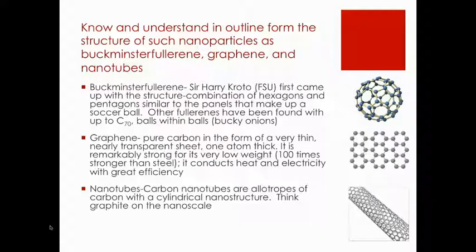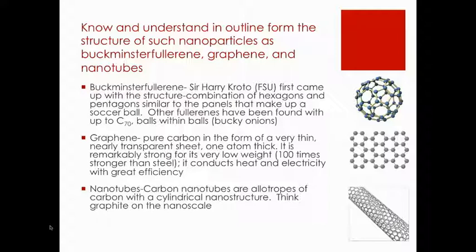Graphene is a 1 atom thick sheet of carbon atoms. Notice again, they're in hexagonal shapes, and it's remarkably strong for its very low weight. Remember, it's only 1 atom thick. Conducts heat and electricity very well. Nanotubes are graphene rolled into tubes, if you wanted to look at them.